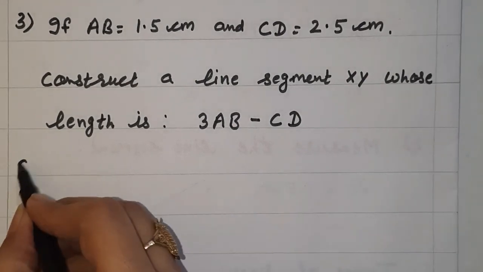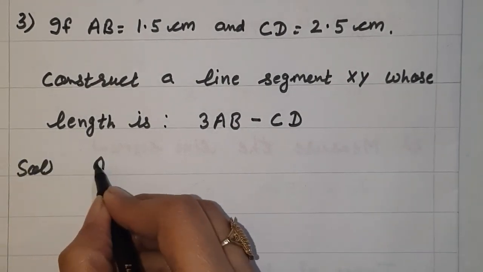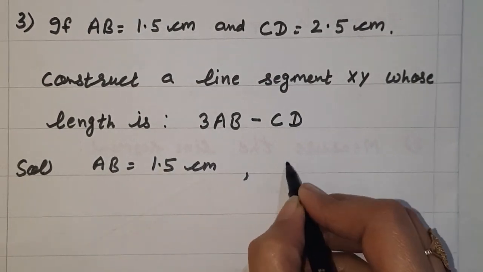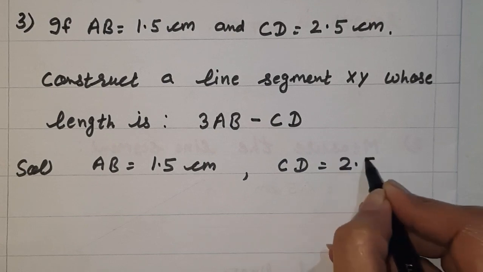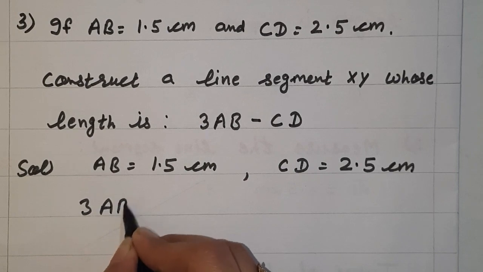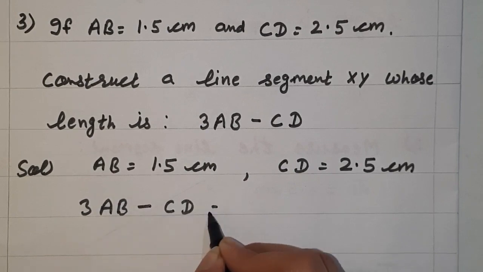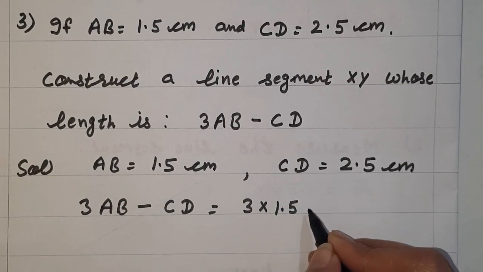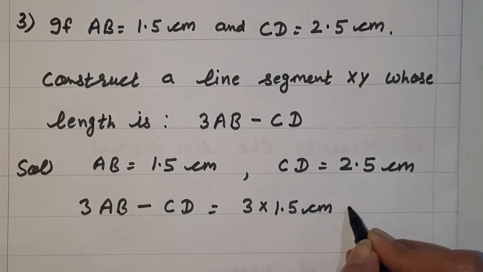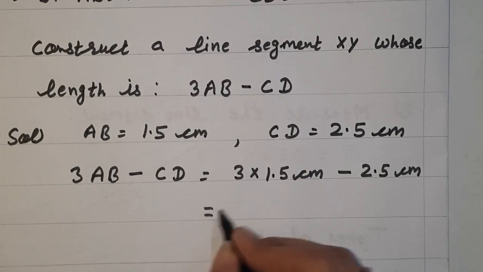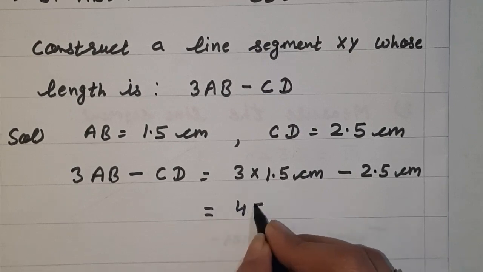Now follow the instruction. First of all, AB 1.5 centimeter you will write down. CD 2.5 centimeter. Now 3AB minus CD means 3 multiply AB, AB is 1.5, minus 2.5 centimeter. 15 threes are 45.